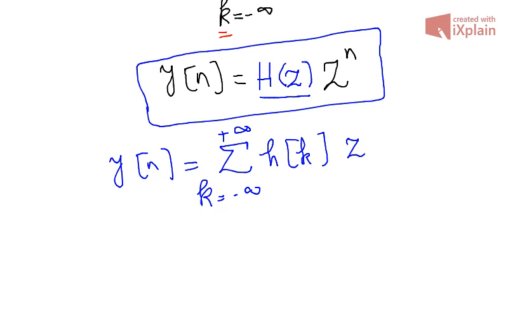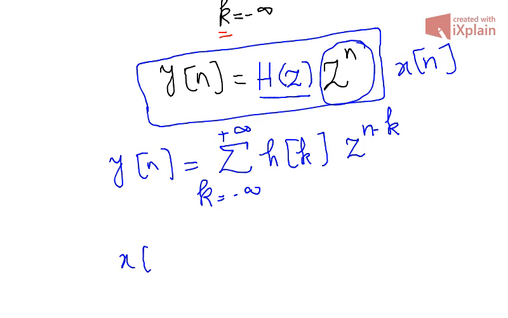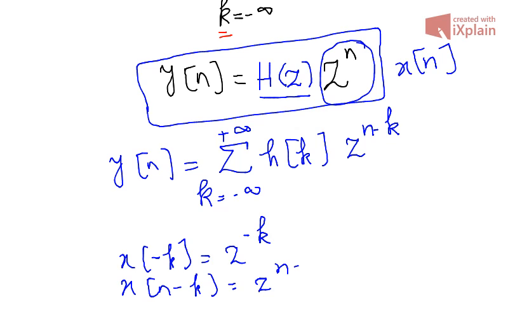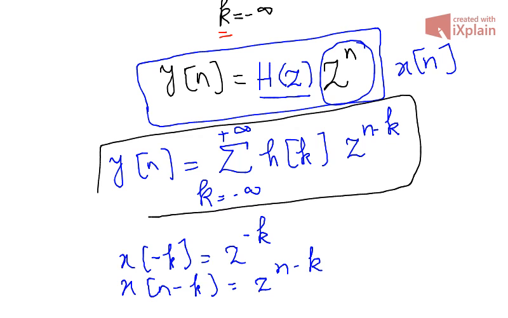So x of k would be z to the k, x of minus k would be z to the minus k, and x of n minus k would be z to the n minus k. So this is what I have written in this equation.